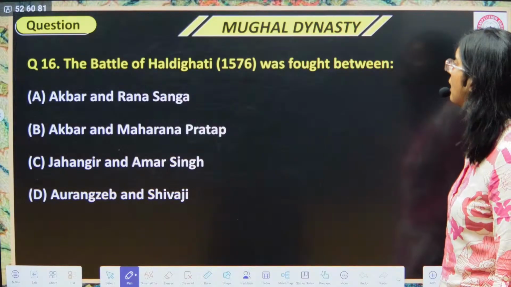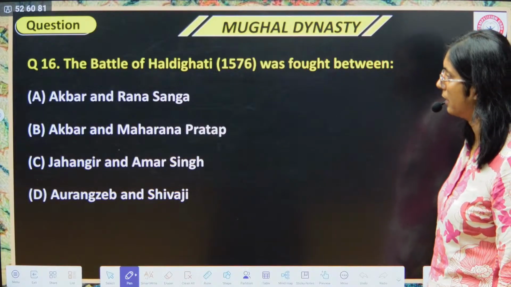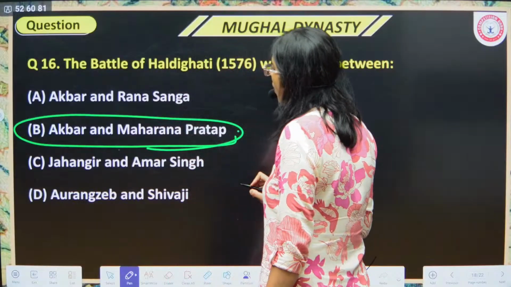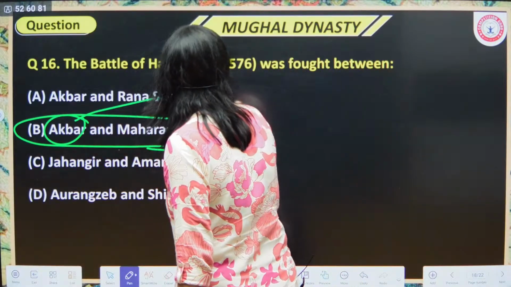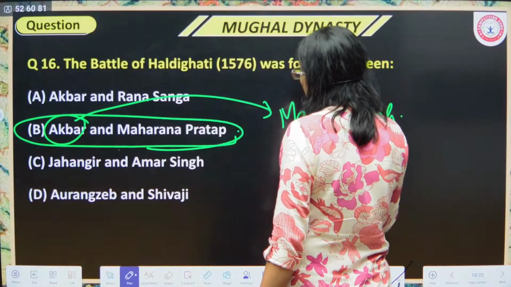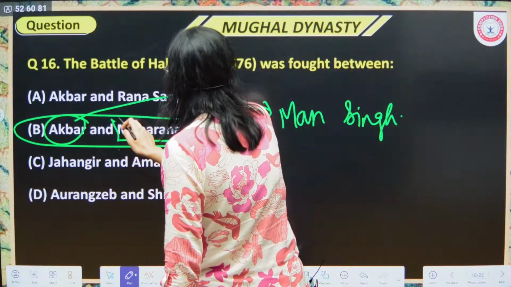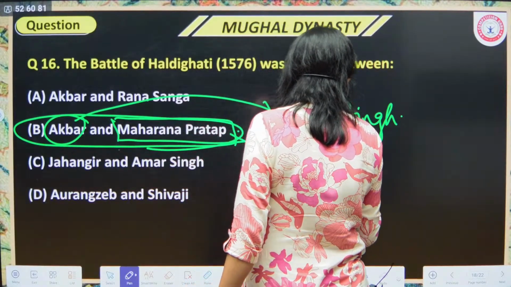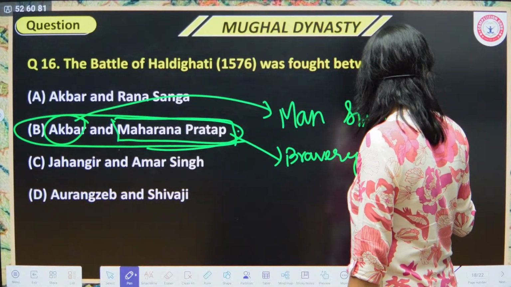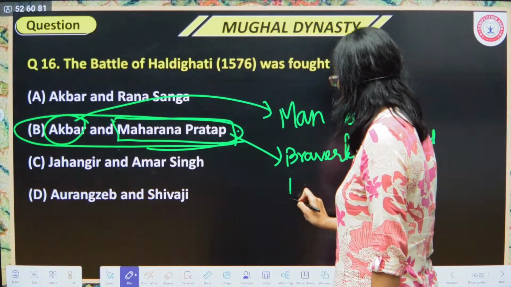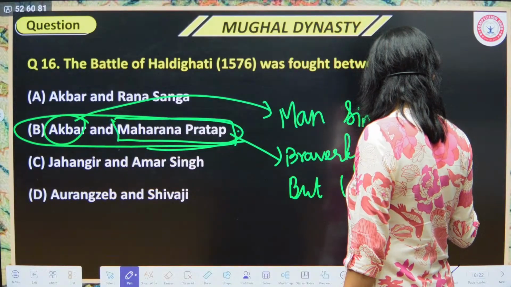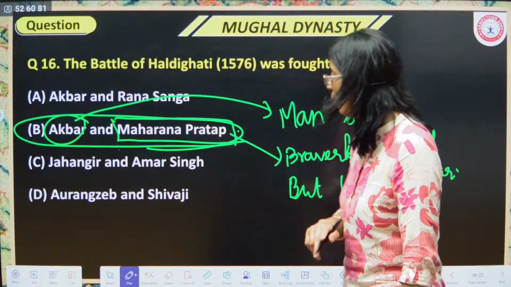The Battle of Haldighati 1576 was fought between, yes, it was fought between Akbar and Maharana Pratap. अकबर के बिहाफ पे लड़ा था मान सिंह ने, and it was written that Maharana Pratap fought very bravely but lost the war. Right? But he lost the war.